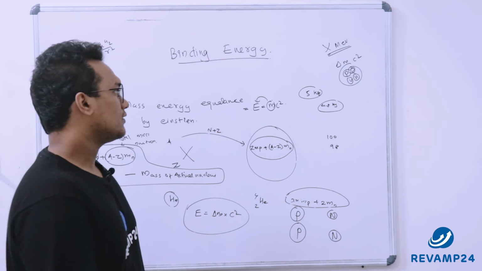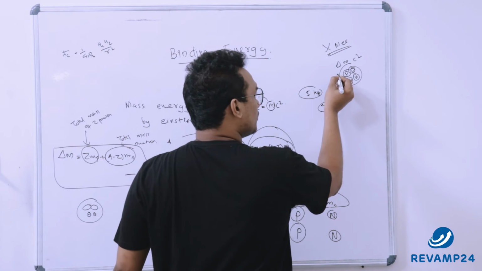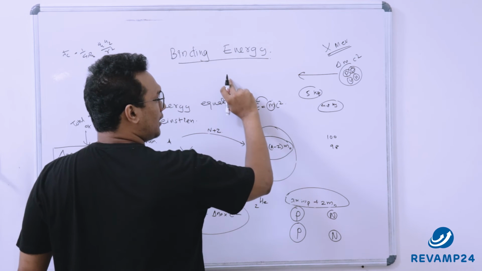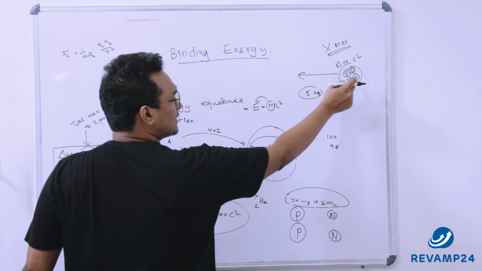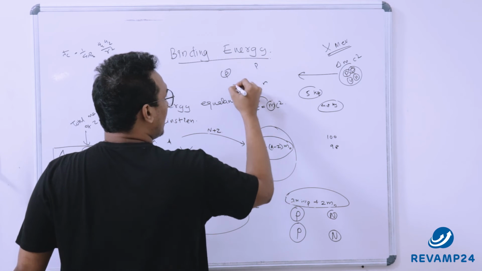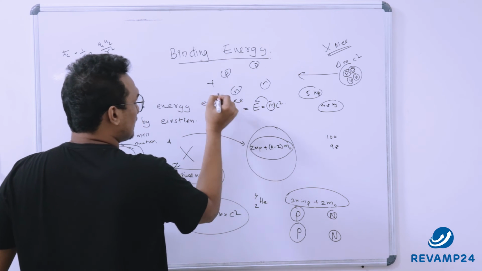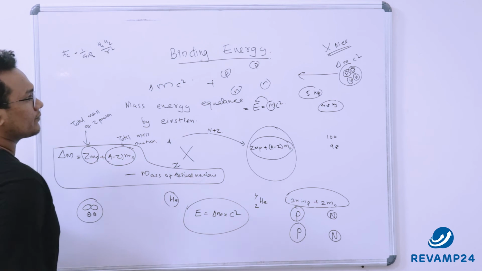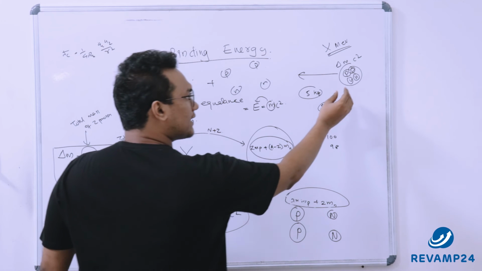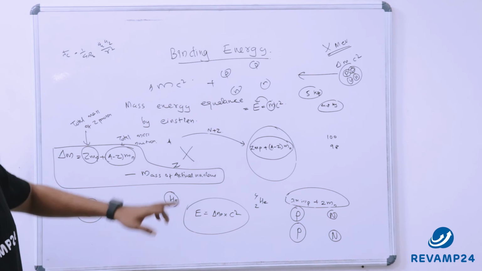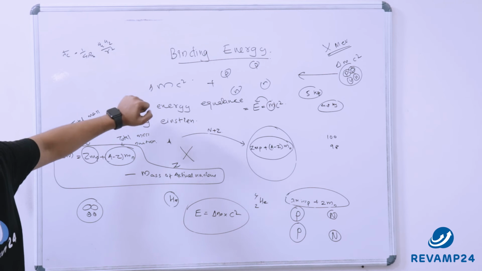Delta m into c squared gives the mass-equivalent energy, and this much energy is stored inside the nucleus. Now if I reverse this process, starting from what was formed from 2 protons and 2 neutrons, and separate them, this would release a large amount of energy, delta m c squared. So on breaking a nucleus, we get its constituents and a large amount of energy.